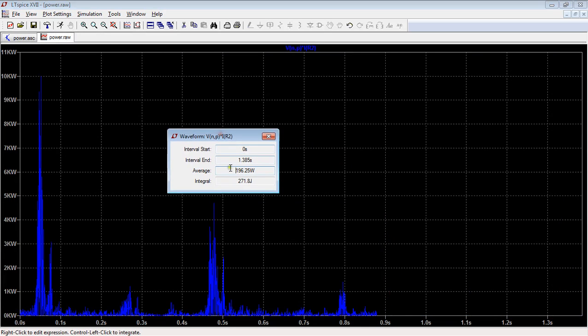So my average power is 196 watts. So you can see that there's a huge difference between the peak power and the RMS power. So with a 10,000 watt amplifier and this particular sample, there's only 196 watts average.